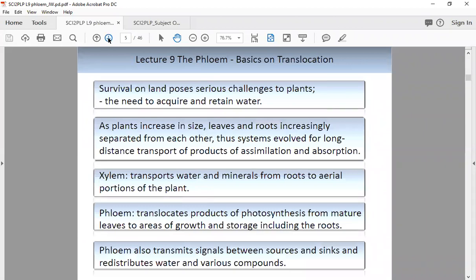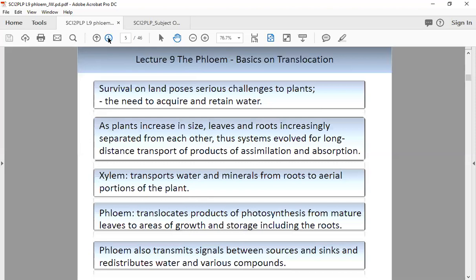All right, so let's run quickly through these basics here. Survival on land poses serious challenges to plants. Obviously, they need to acquire and retain water, and they also need systems designed for long-distance transport of the products of photosynthesis.